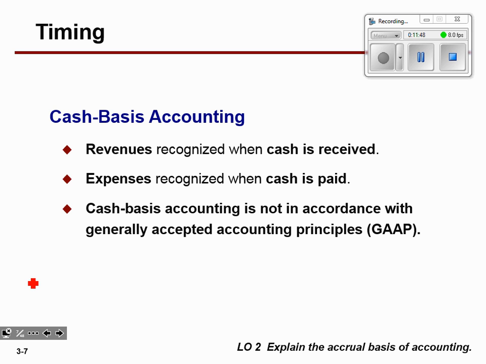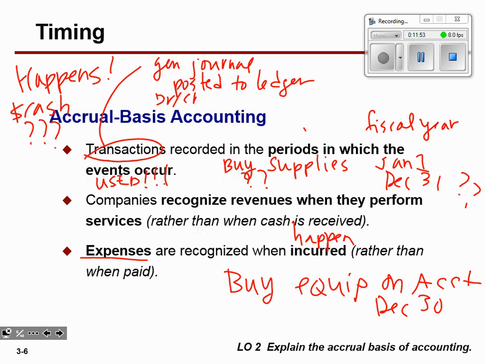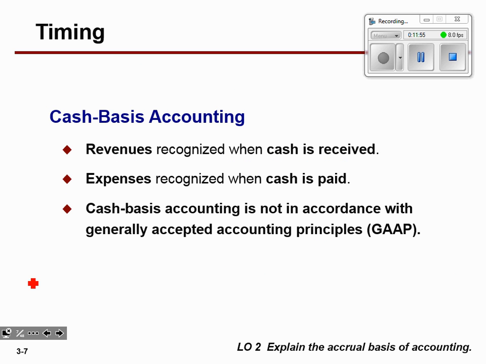Cash basis accounting, unlike accrual basis, we're waiting till we receive cash, we're waiting until we paid cash. So my haircut example, if we go get a haircut and say, I'll pay you next week, who cares if it's a fiscal year, calendar year change?